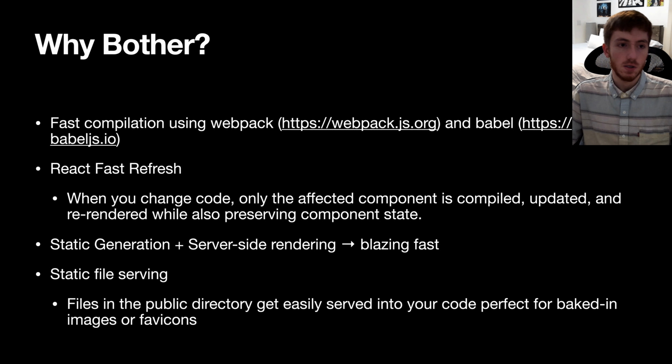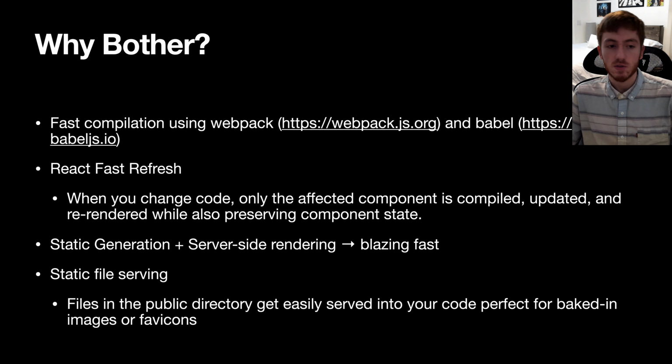So why bother? Next.js is very fast, right? It's using Webpack and Babel. It is making use of fast refresh, which is a part of the React codebase that allows you to hot reload only components that are being edited. So instead of recompiling the entire project, you're only going to recompile the component that was changed, which in turn is going to make your code reload faster and also preserve component state.